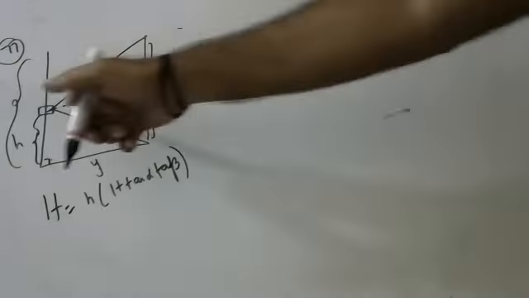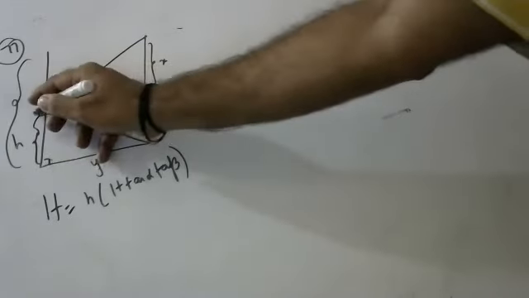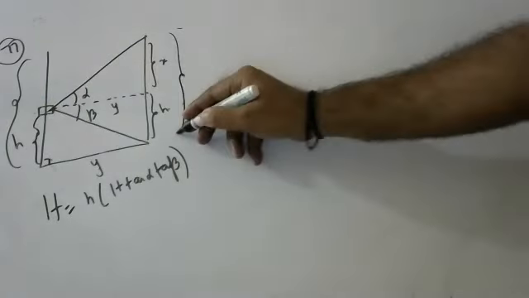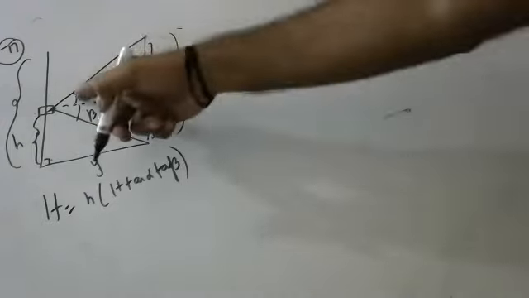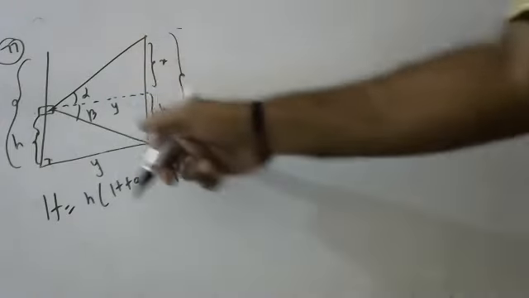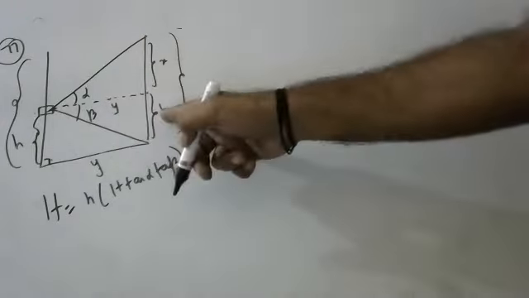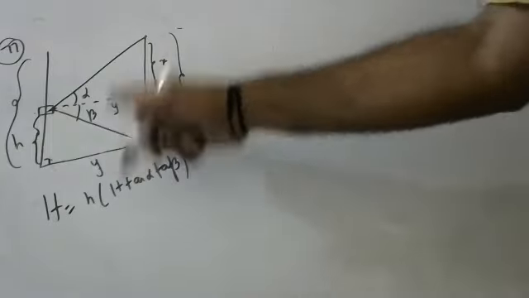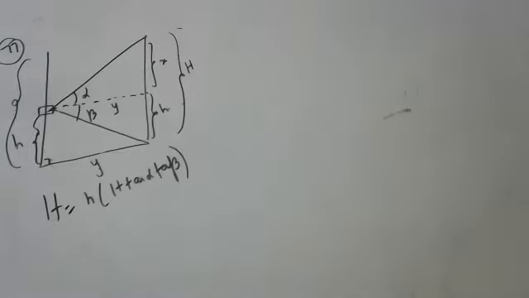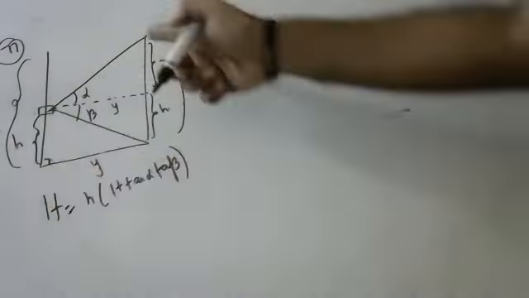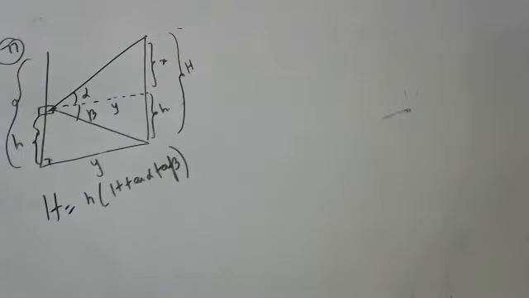This is the window, h meters above the ground. From here, one fellow is seeing another house. Elevation is alpha, depression is beta. If this is h, this is also h. This x I took, this y I took. Find the height of this house. This house height he already gave.